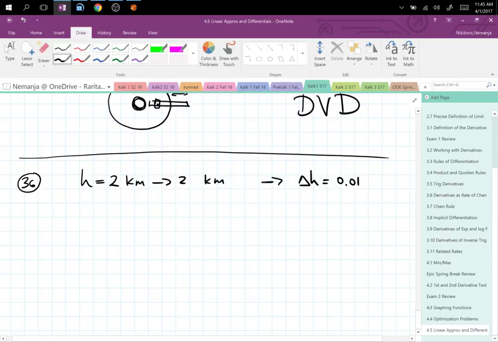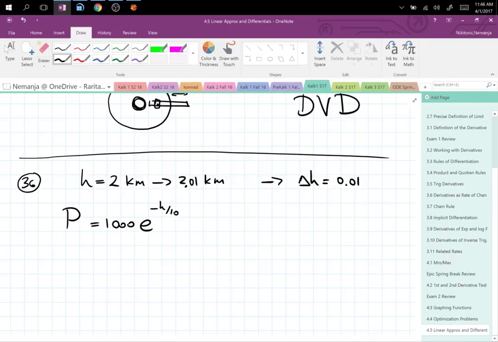I forgot the 0 here. So the change in height is 0.01. And the formula, they give you the formula in terms of the height: P equals 1,000 e to the negative h divided by 10. That's the formula.